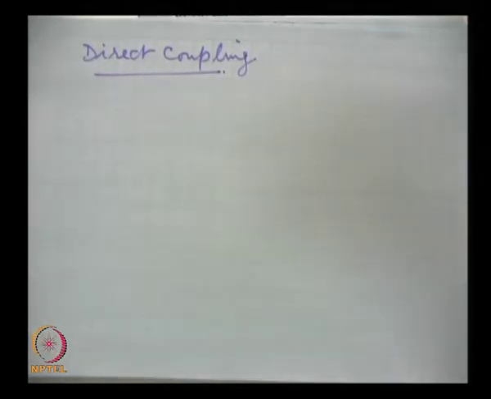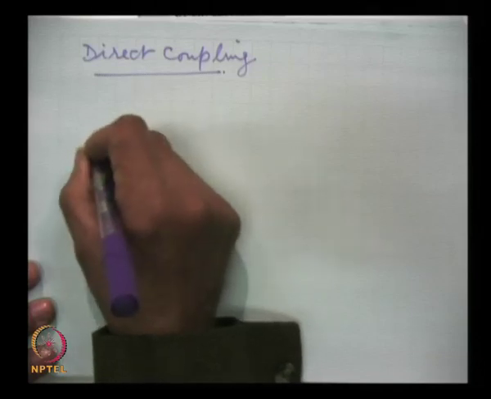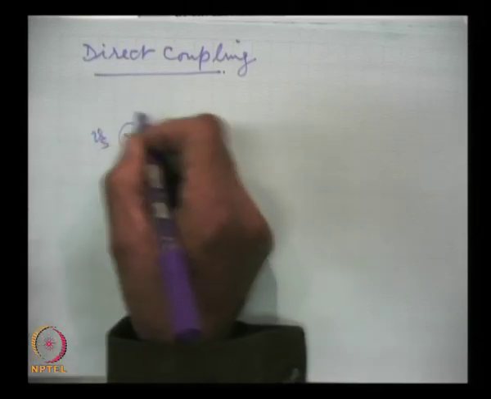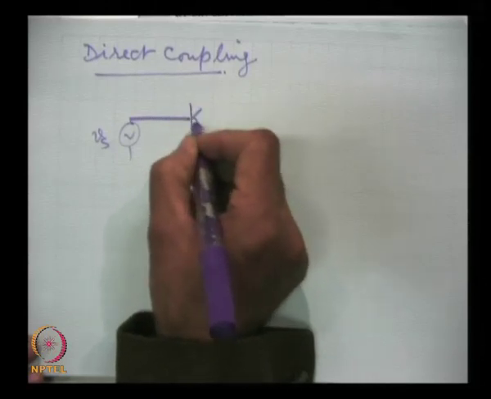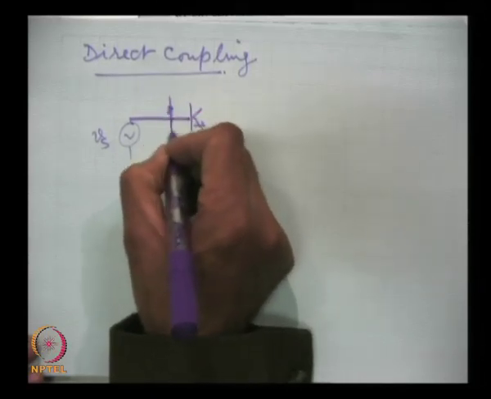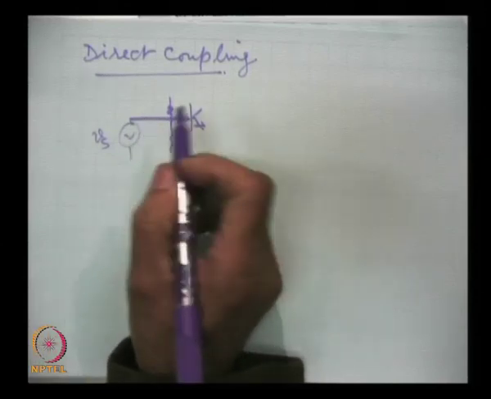In direct coupling, the signal is just connected by a conductor. For example, if this is the signal source or the previous stage, it is just coupled to the base of the next. There is no capacitor involved in it.